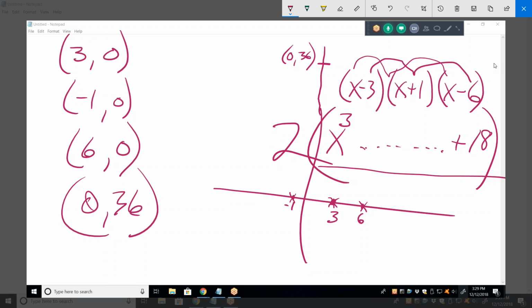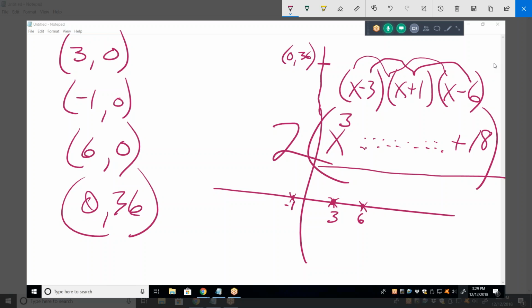You've got to fill in all the missing parts by foiling, or ET, but you've got to multiply those three together. You're going to end up with a polynomial that begins with x cubed and ends with 18. And then you're going to multiply every term by the number 2 so that your last term is 36. Even though that'll make there be a coefficient in front of the x cubed.